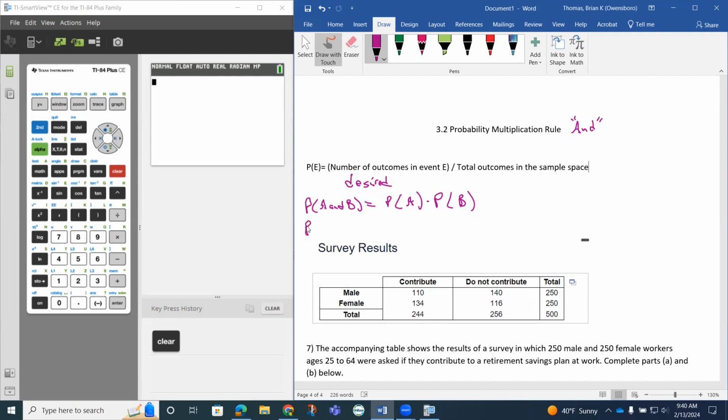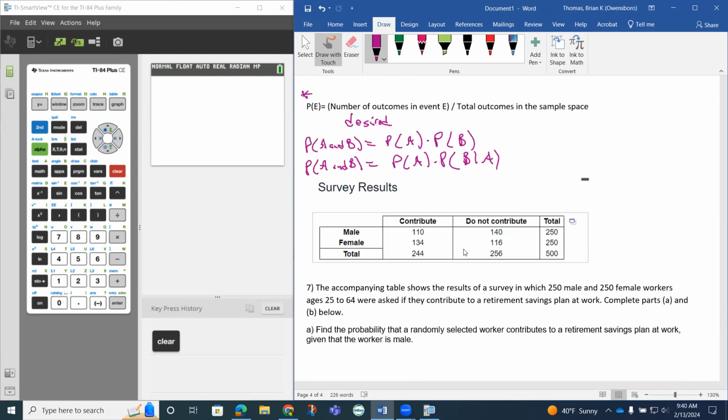Then the other formula: the probability of A and B is the probability of A times the probability of B, given that A actually has happened. Notice how we'll be multiplying these probabilities together. So this is our big formula up here, and this moves into 3.2 with these multiplication rules. So let's look at example 7 and see how this fits into our math.